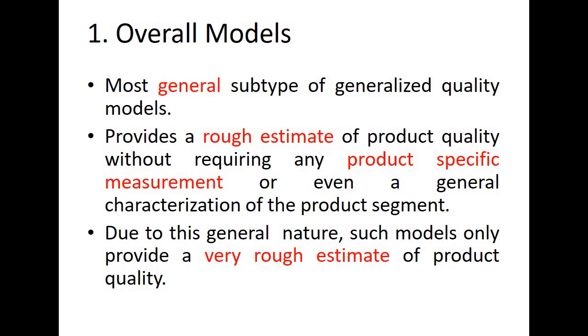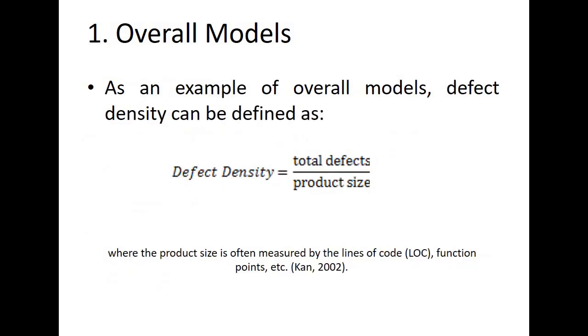Because of this nature, this model provides a very rough estimate of the product quality. A web application has many different features, characteristics, and a different platform compared to iOS or Android, so in that case it provides different kinds of figures.